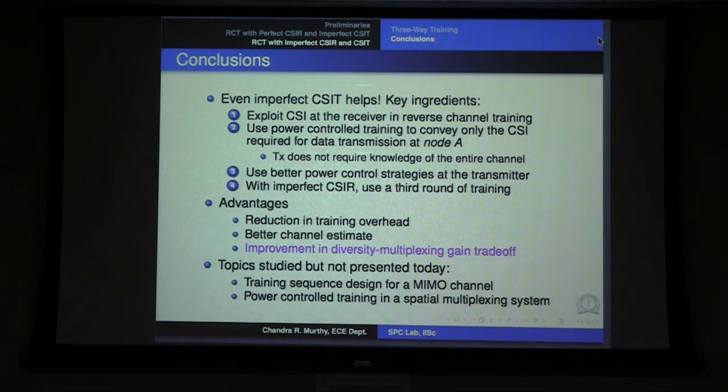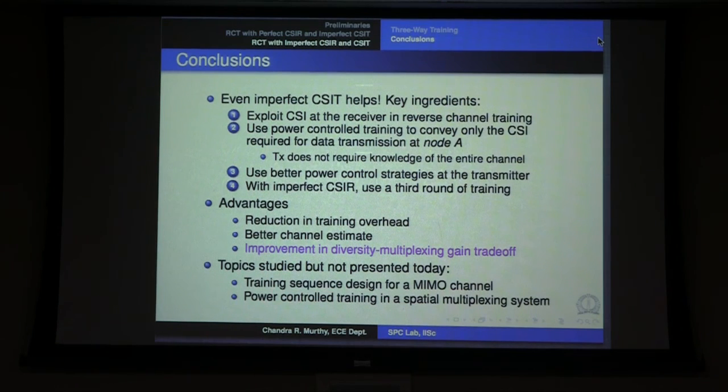Normally when you think about training, you want the training sequence itself to be known to the recipient of the training. If you don't even know what the training signal was, it's hard to estimate the channel. But for certain types of channels, for example data transmission, you actually don't need to estimate the whole channel. In such scenarios, you can use beamforming.